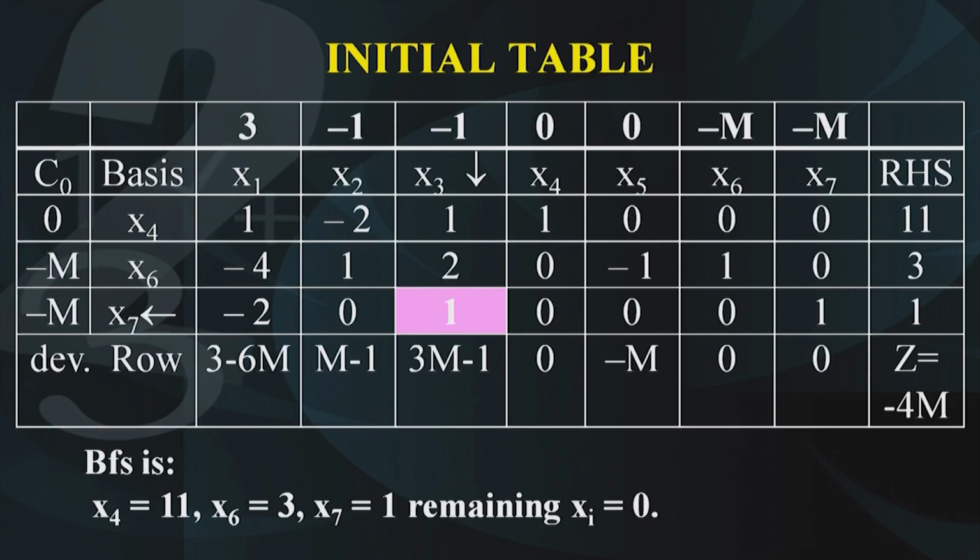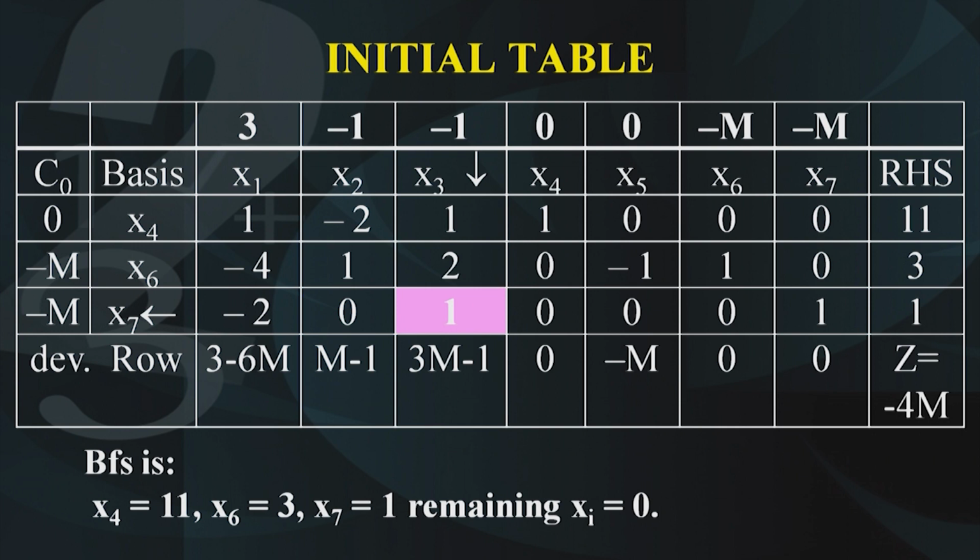So, let us now write down the initial table of the simplex procedure. As you can remember, the second column is the basis column. So, we have x4, x6 and x7 as the basis, and we write down x1, x2, x3, x4, x5, x6 and x7.